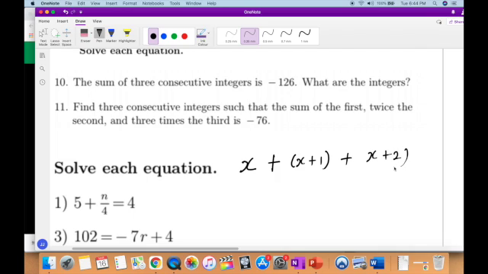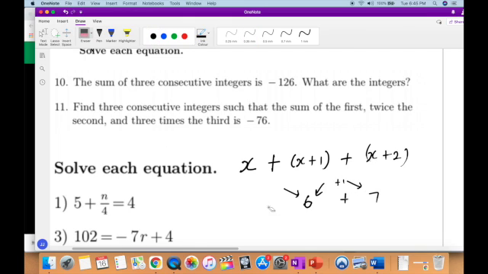And think about it, right? If I had 5, 5 plus 1 is 6, and I would have to take this 6 and add 1 to give me 7, right?